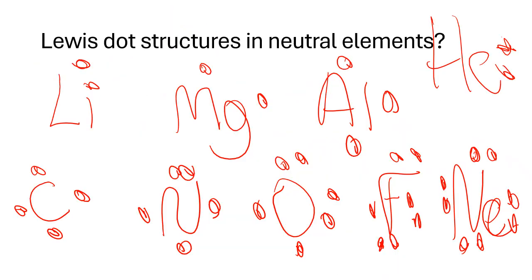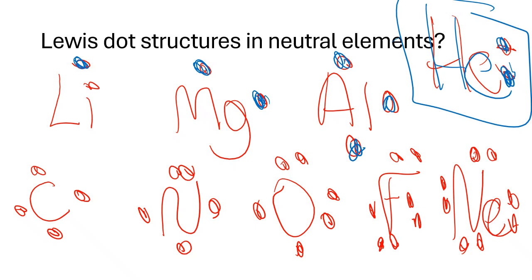Lewis dot structures are somewhat easy, where you have to draw dots based on how many valence electrons they have. Notice how when I draw from 1 dot to 2 dots, I don't draw the dots on the same side. Helium is the weirdest one of that, where we have that over there.